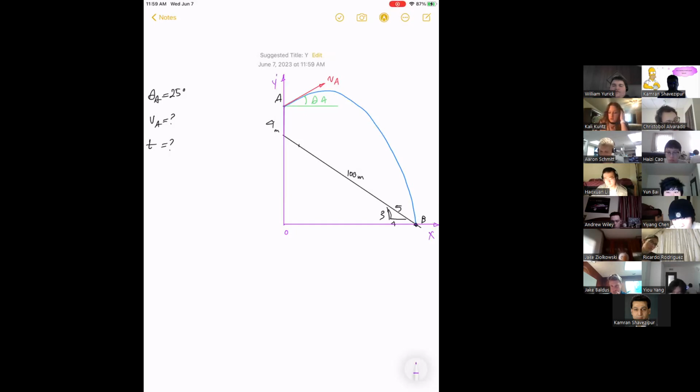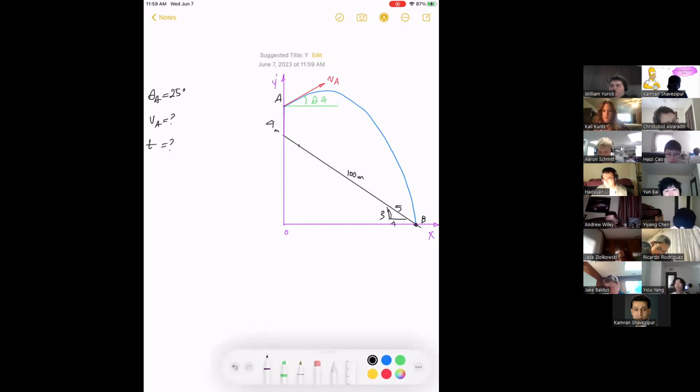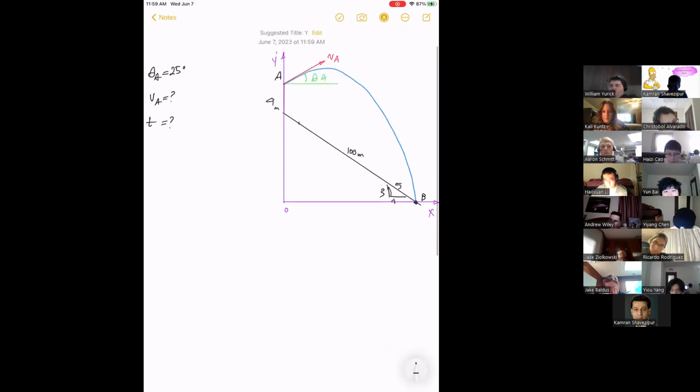Calculate the position of B. I think we can write down the equations, see what we know and what we don't know, right? What was the equation or set of equations in Y direction? I'm going to write the Y direction in black. So we had Y is Y0 plus V0Y T minus G by 2 T square, right?